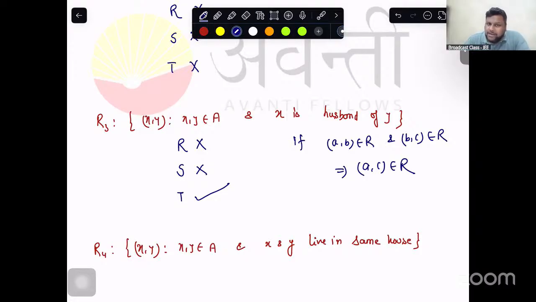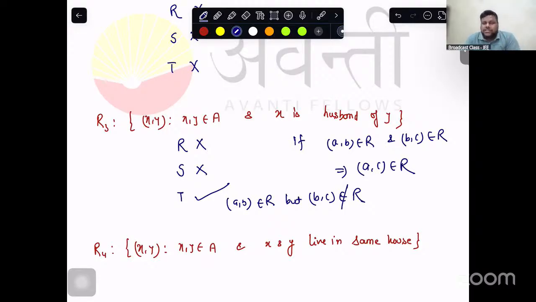B is a female. Now B cannot be anybody's husband. So here A comma B will belong to relation, but there won't be any B comma C that belongs to relation. Getting my point?